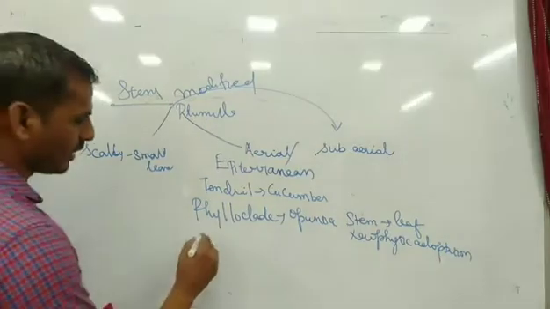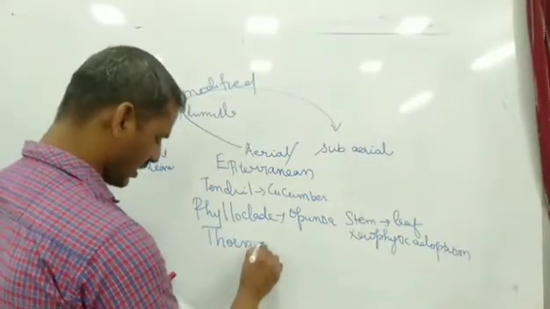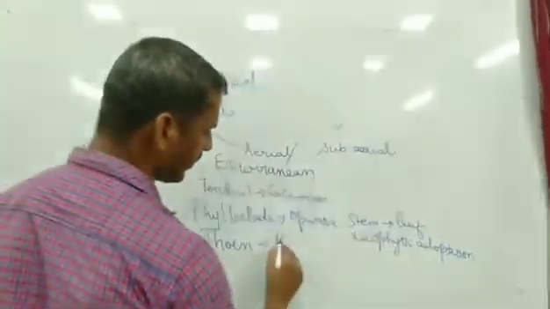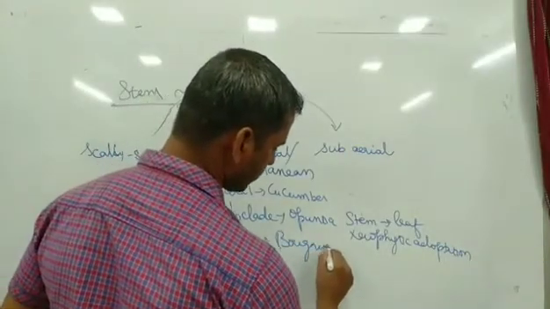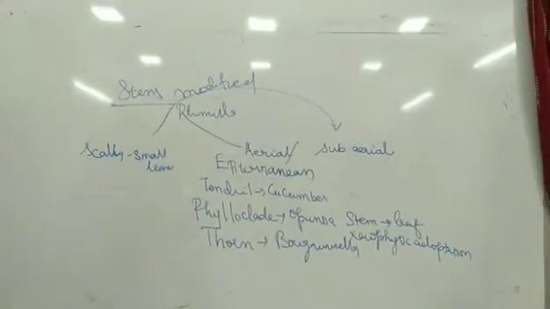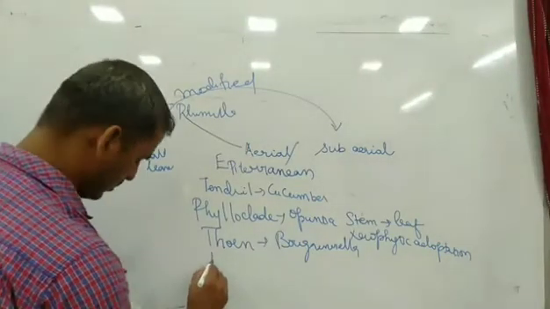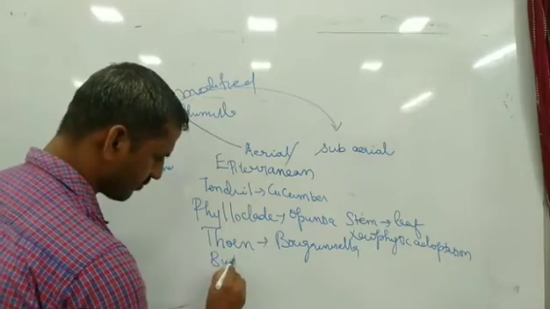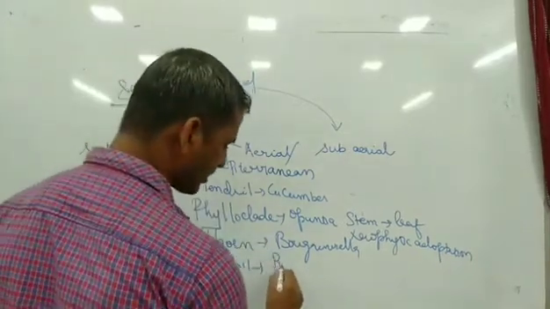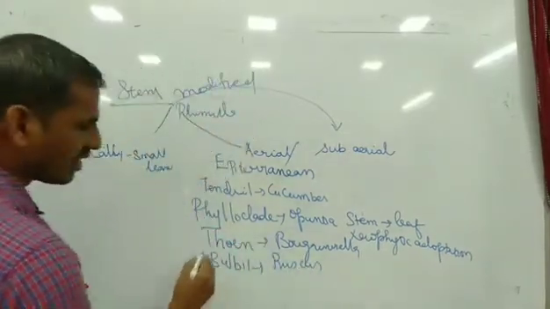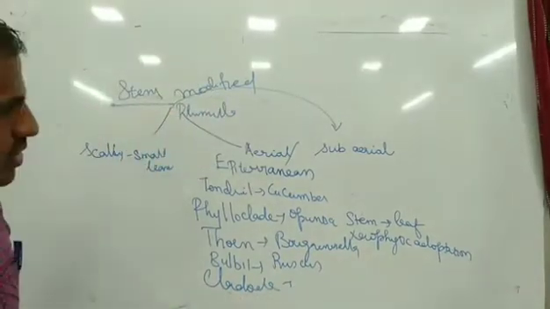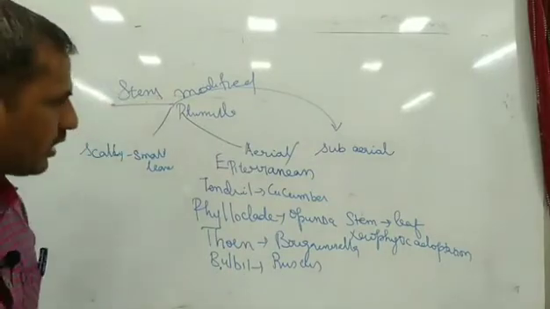Next, the stem is modified into thorn. This kind of thing occurs in bougainvillea. Then stem modified into bulbil, present in Ruscus, and stem modified into cladode.